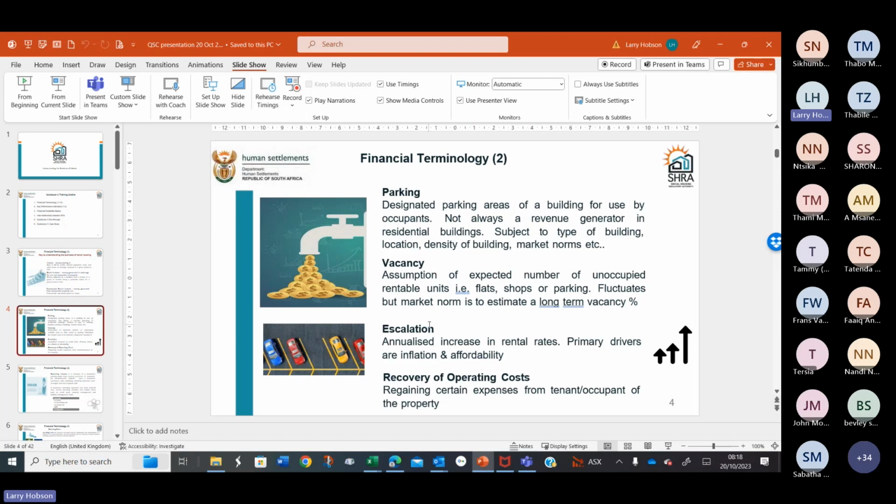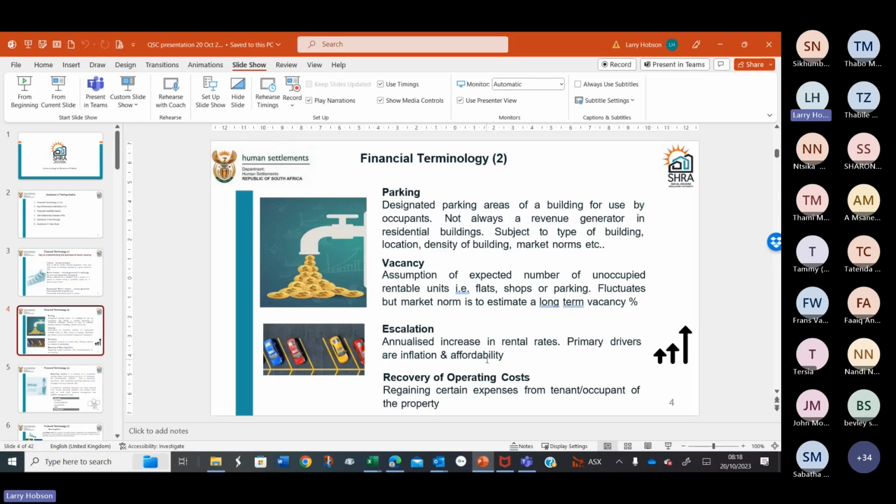Escalation: the rental agreement would normally provide for rental escalation at CPI annually, so that normally occurs once a year.